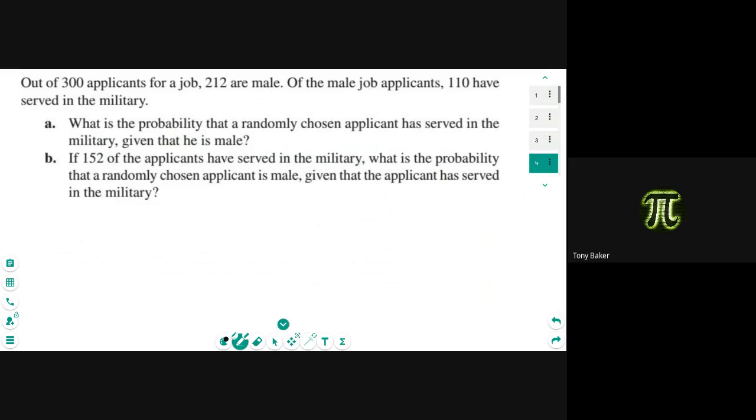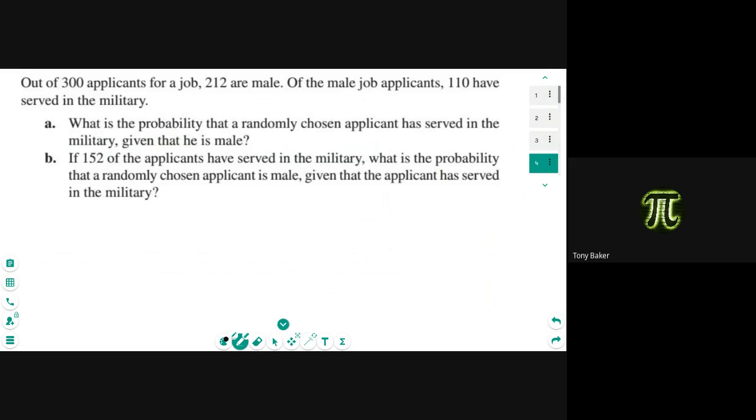What is the probability that a randomly chosen applicant has served in the military given that he is male? So what do we need?